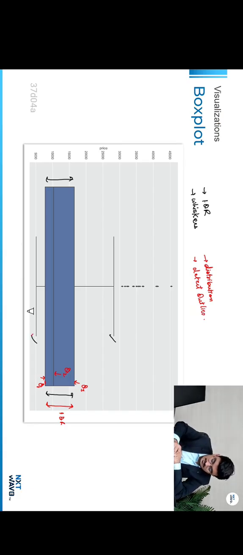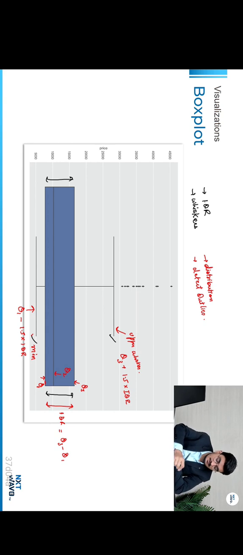This line represents the lower whisker for our box plot, and it is calculated as Q1 minus 1.5 times IQR, where IQR is Q3 minus Q1. So this sort of gives us a minimum value. This is the upper whisker, and it is calculated as Q3 plus 1.5 times IQR.